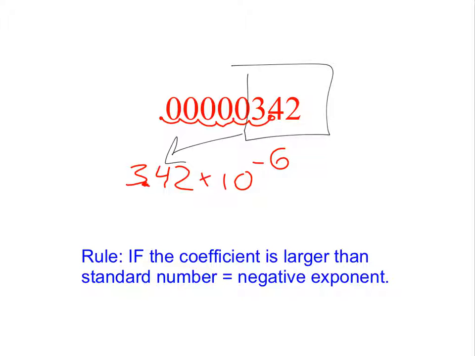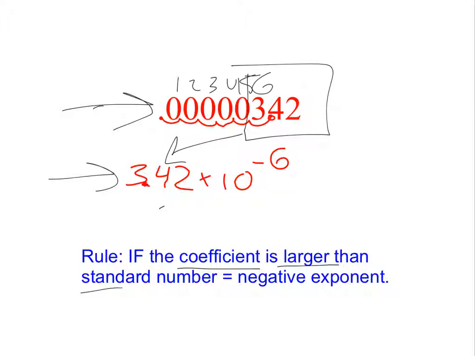We then looked at our decimal place and saw that it moved 1, 2, 3, 4, 5, 6 spots to make that coefficient, and we then compare our coefficient to our standard number, and the rule is if the coefficient is larger than the standard number, then we get a negative exponent.